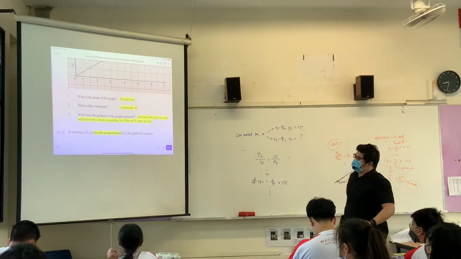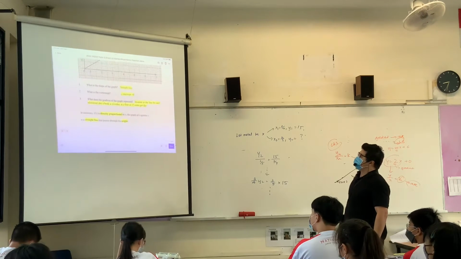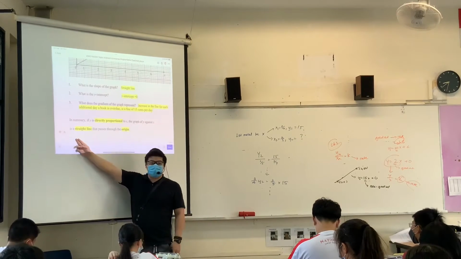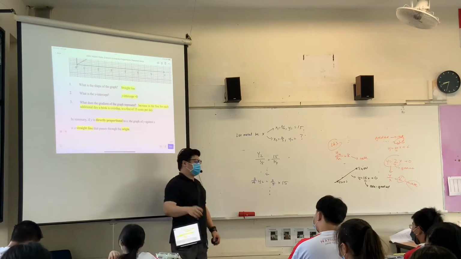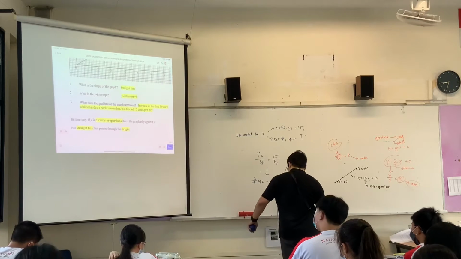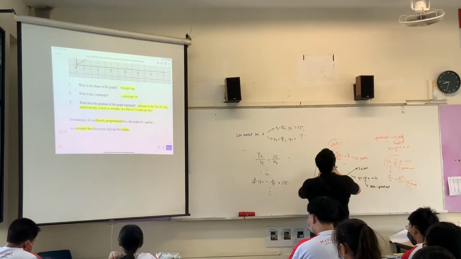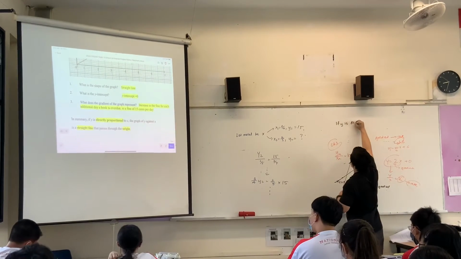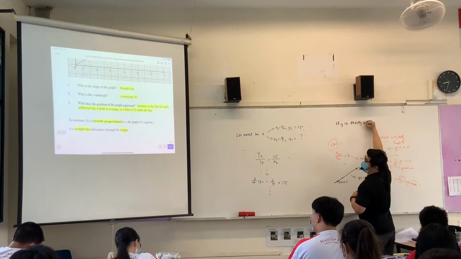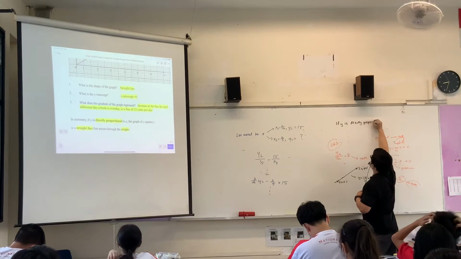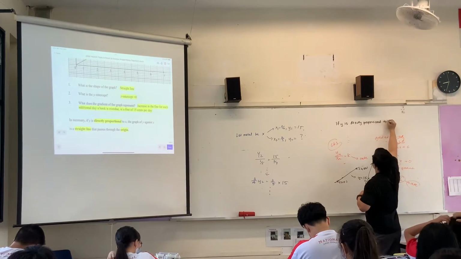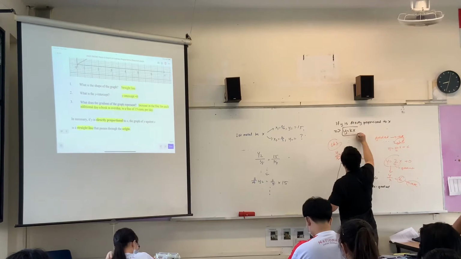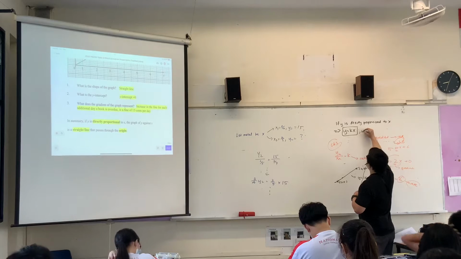So in summary, if y is directly proportional to x, then the graph of y against x is a straight line that passes through the origin. If y is directly proportional to x, we can also say that y equals kx, where k is a constant.